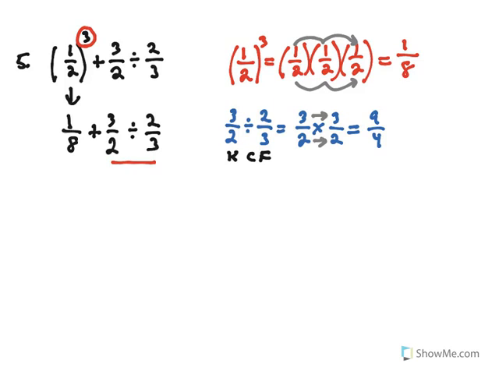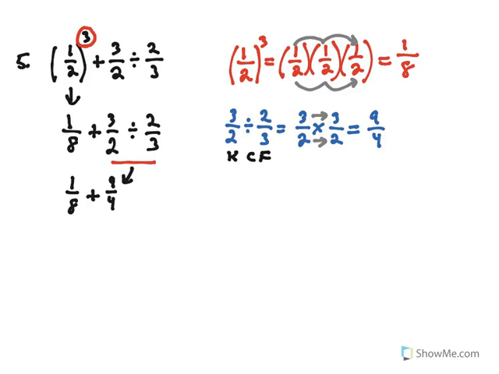All right? So now it just becomes 1/8 plus 9/4, because that's what we got when we divided those two fractions. And then now it's just a matter of go ahead and simplifying.